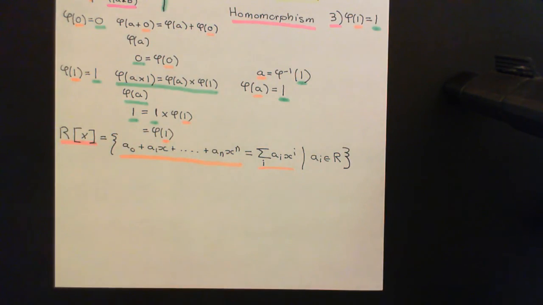Now to turn this into a ring, we need to define an addition and a multiplication law on it. Addition is done very easily. It's just done componentwise.